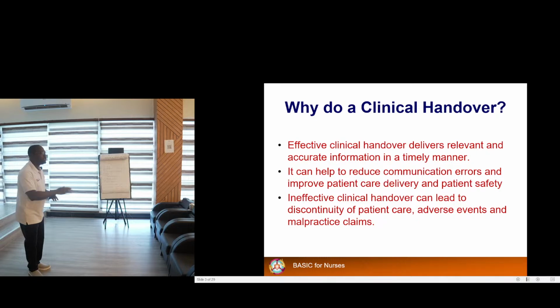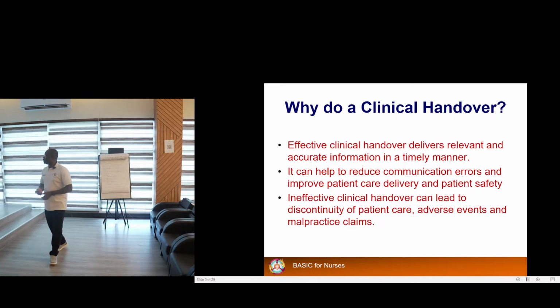It may be just immune status. It could just be that the person is HIV positive. That means a lot when it comes to choices of medication, what needs to be done, and therefore communication is important. And therefore, an ineffective clinical handover can lead to discontinuity of patient care.